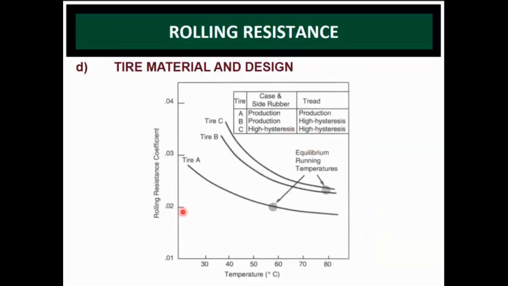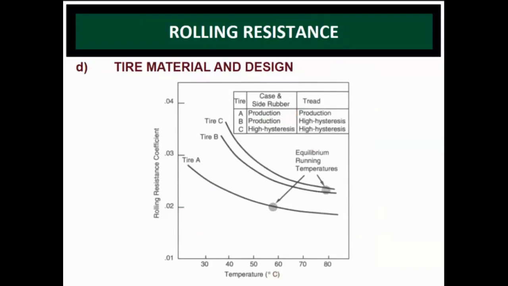Kita tengok dia punya rolling resistance coefficient also has different values. So biasanya untuk tire A ni lagi kurang rolling resistance lagi bagus kan. Lagi kurang lagi bagus. So maksudnya dia production punya type lah, or material dan sebagainya.